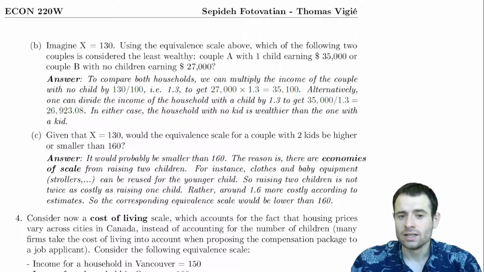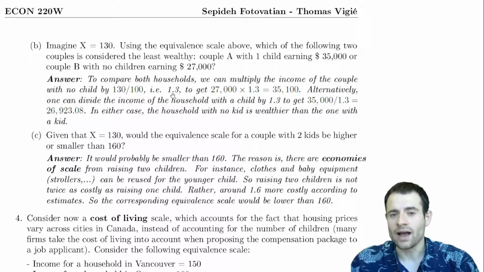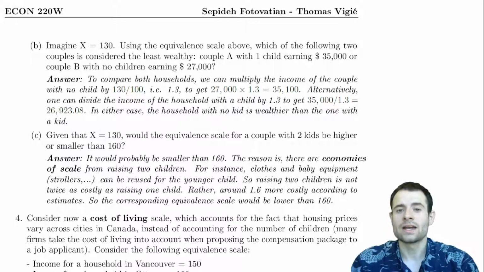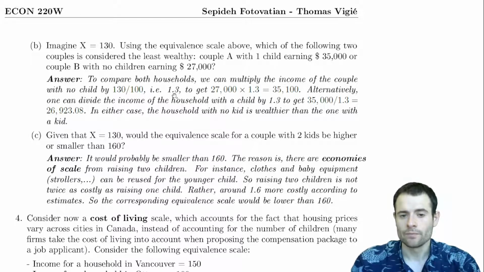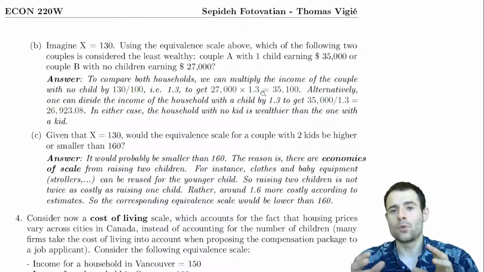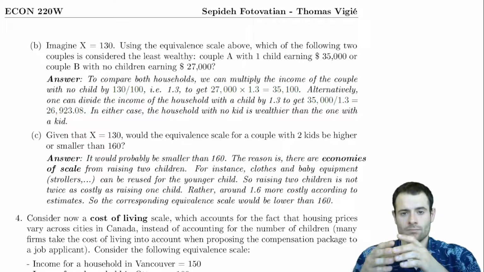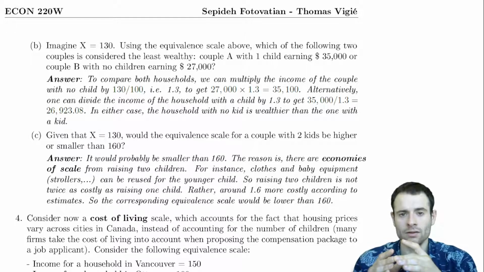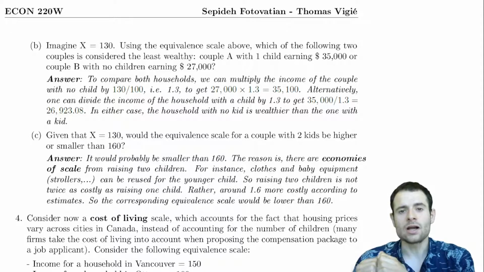So the idea is that a couple with one child needs 1.3 times the income of a couple with no child. So, if you multiply 27,000 by 1.3, then you're bringing the income of the couple with no child to the level of the income of the couple with a child. And now they are comparable.